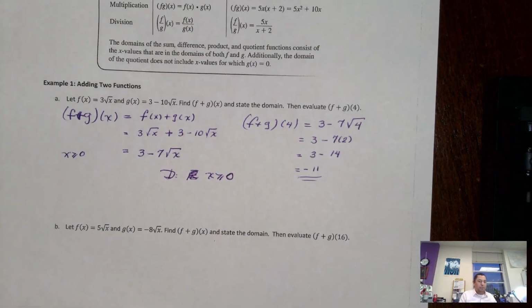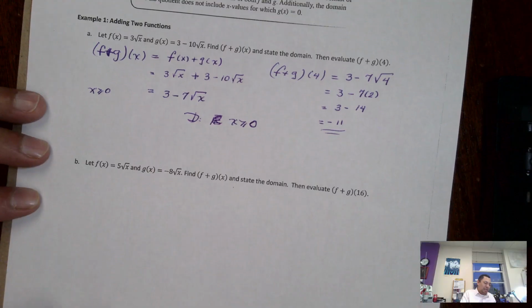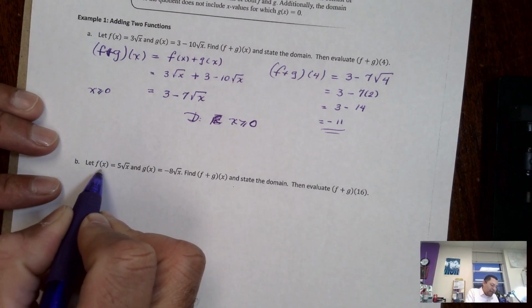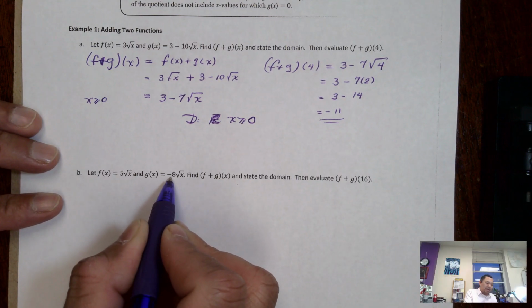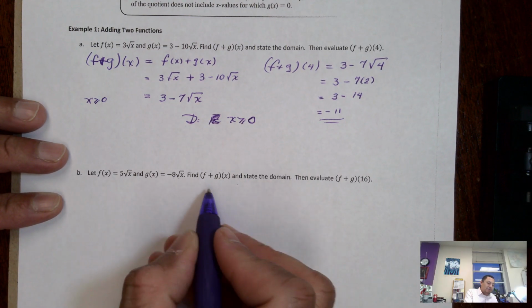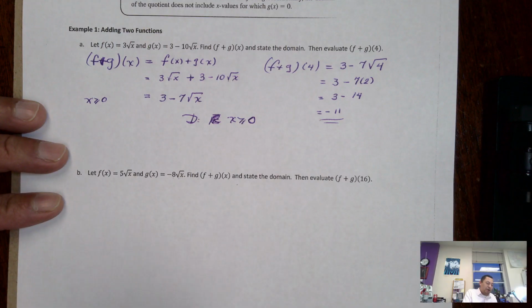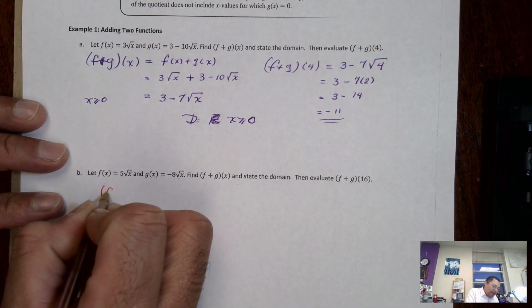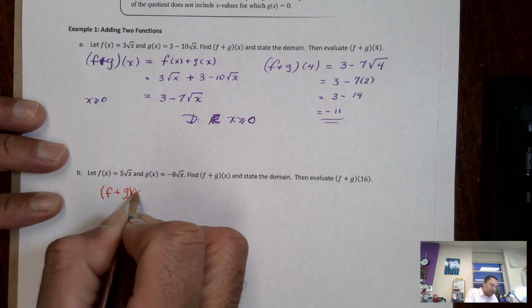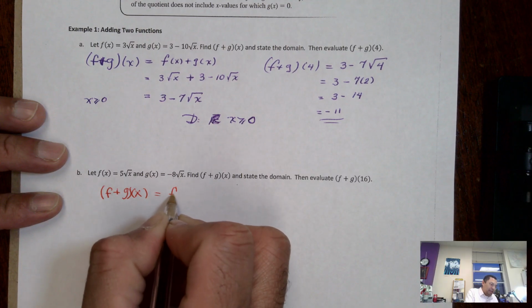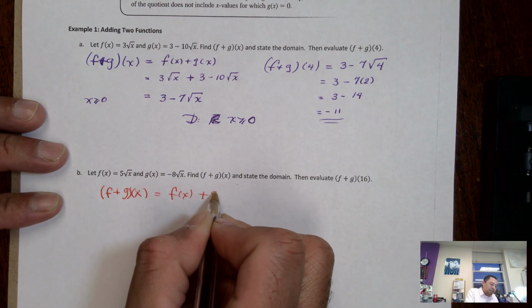Okay, example number 2, or B in this case. So I have f of x equals 5 square root of x and g of x equals negative 8 square root of x. Find f plus g of x. So we are adding right now. So I have f plus g of x equals f of x plus g of x.